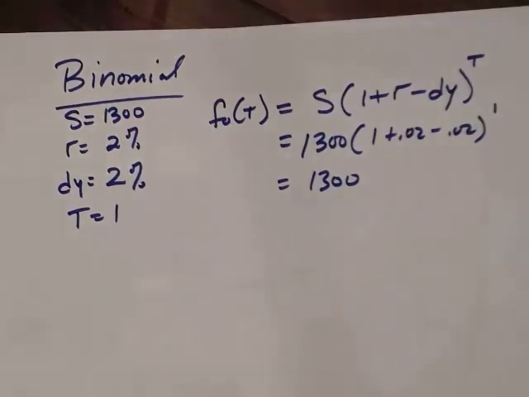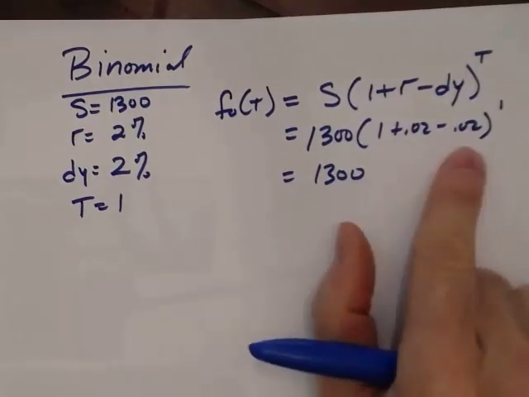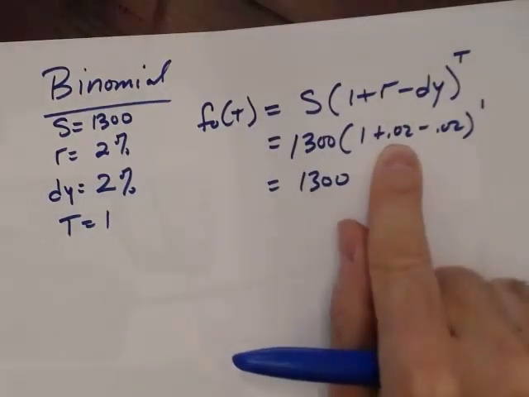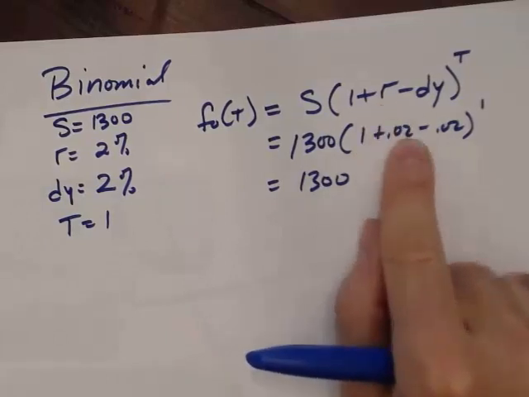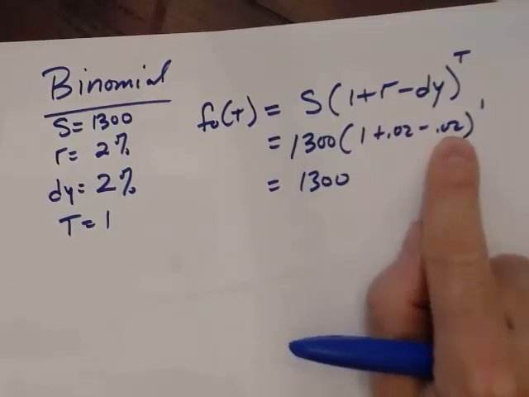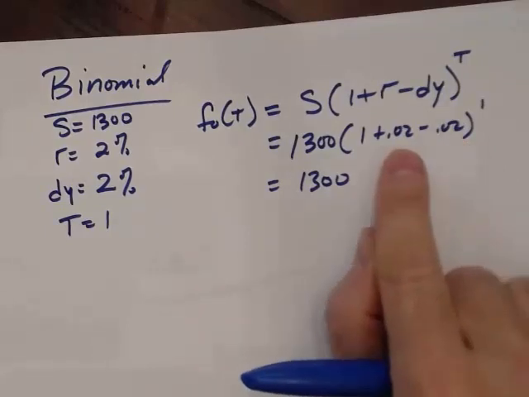And that sometimes happens. This situation happened for a number of years after the Great Recession, because interest rates were really low, and they were pretty much in line for a while with the dividend yield, which was 2% or less on the S&P 500.